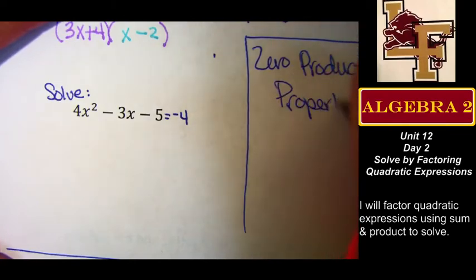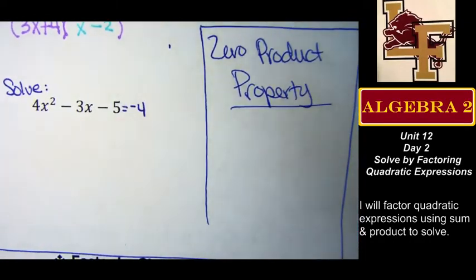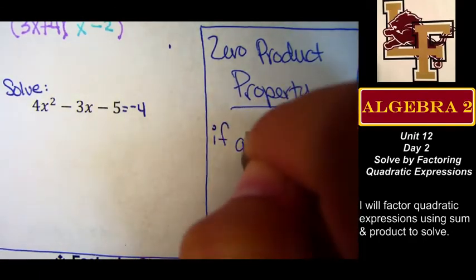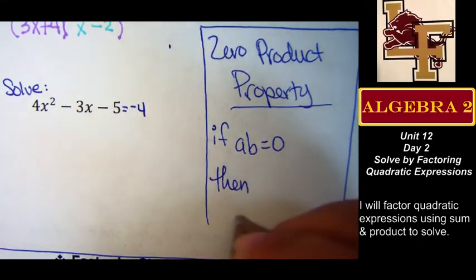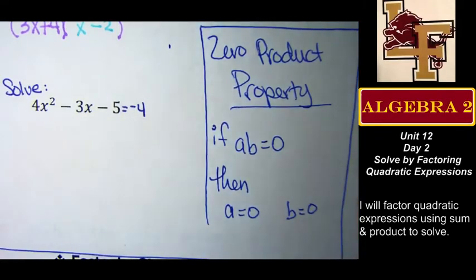The zero product property is a very, very powerful tool that comes straight off of factoring, and what it says is, if you have some stuff being multiplied together and equals 0, then I can think of this one equation as different equations where each thing I'm multiplying is 0.